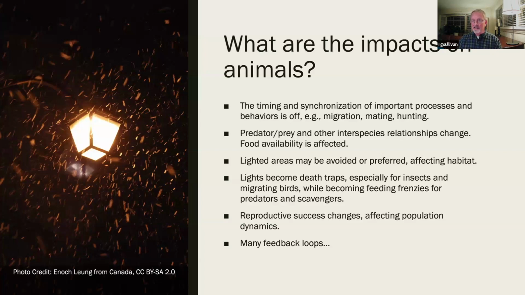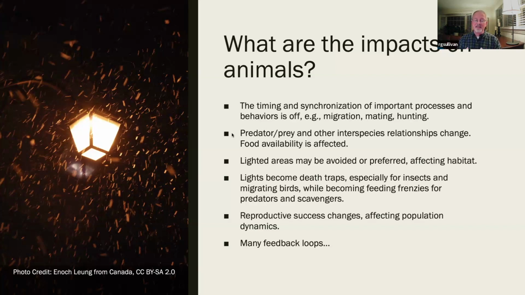And that organism does its thing, and some other species might be trying to raise its young, and it needs access to this prey. But because the light cycles, and now with climate change, the temperature cycles are off, that prey may not be available when the predators need to access it. That, of course, then can change reproductive success. That changes the health of populations. There's a lot of cascading effects and feedback loops.